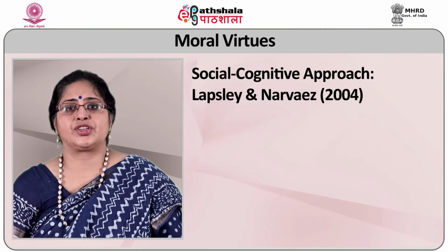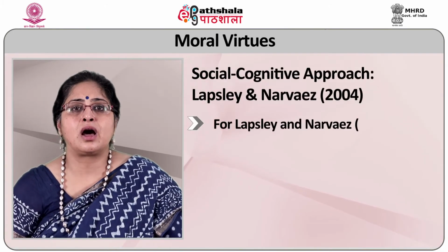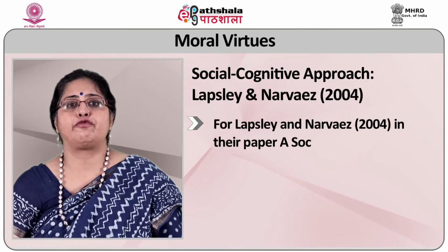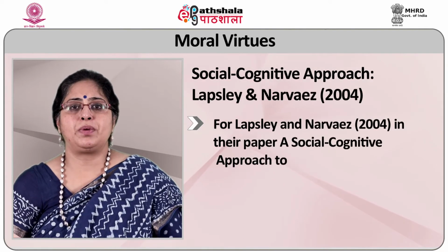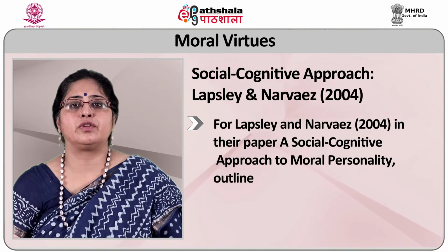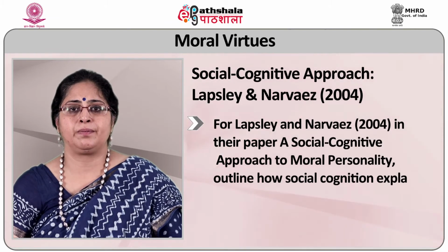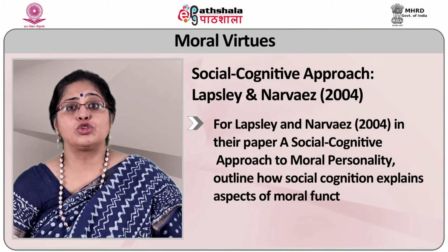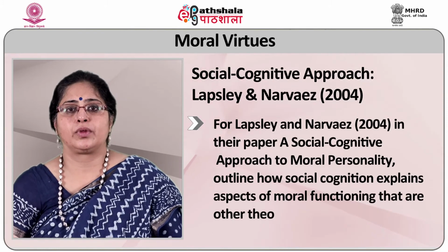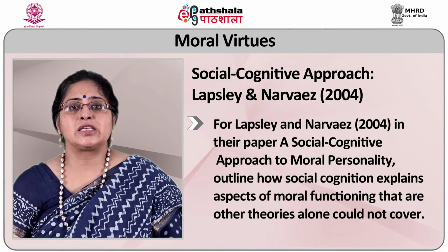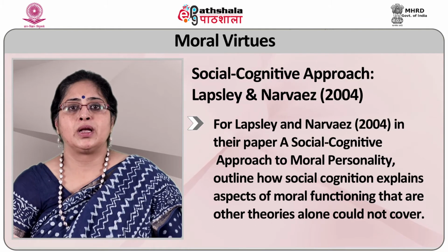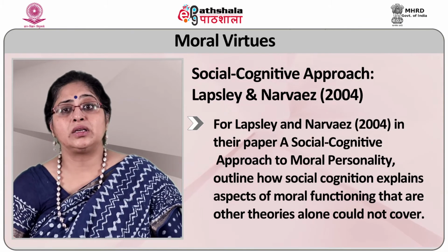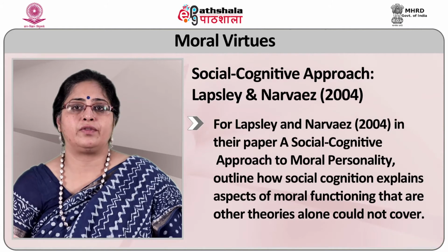Another group of researchers, Lapsley and Narvaez, 2004, in a paper, A Social Cognitive Approach to Moral Personality, outline how social cognition explains aspects of moral functioning that our other theories alone could not cover.